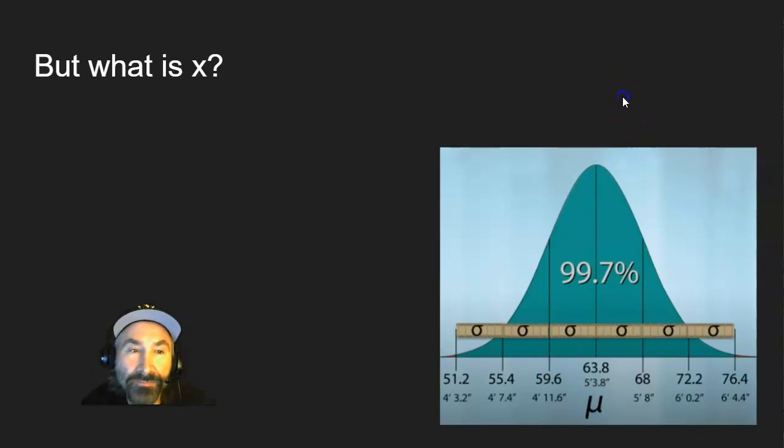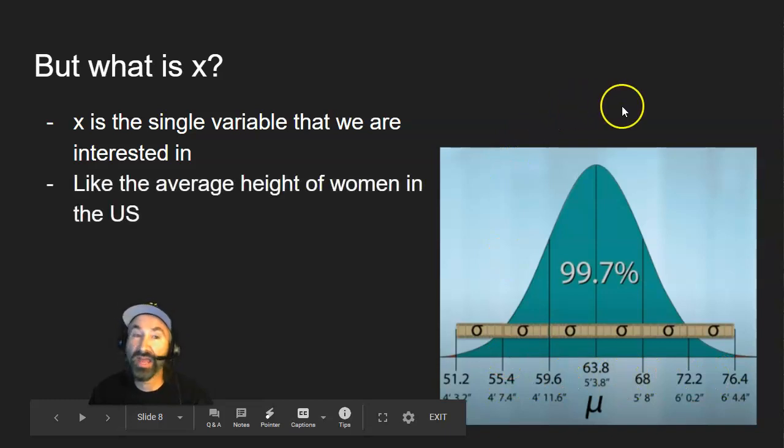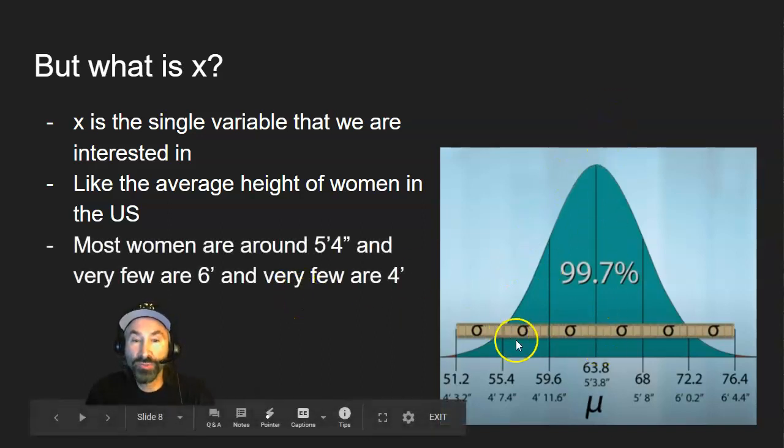In this case, these values of x down here represent the average height of women in the U.S. And as you might imagine, most women are around a middle height, and very few women are very short, and very few women are very tall. And that's what the normal distribution represents to us.